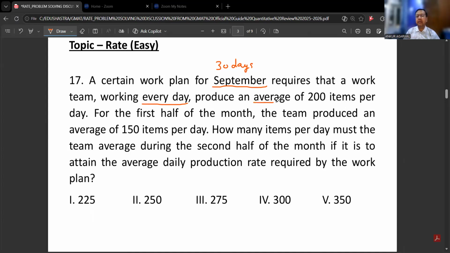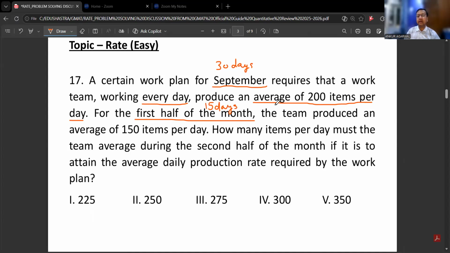Produce an average of 200 items per day. So this is my standard that 200 items will be prepared every day, right? For the first half of the month. So I took September as 30 days, so this is the first half. We are talking about 15 days.